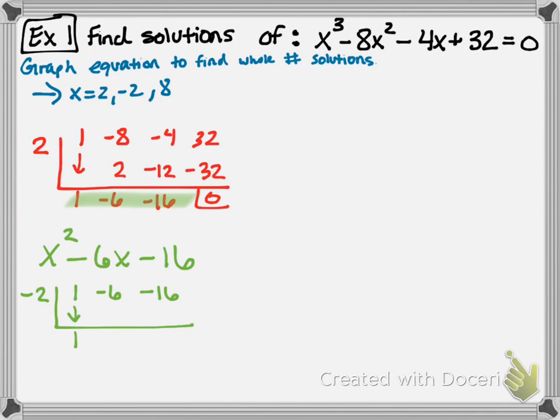Negative 2 times 1 is negative 2. Negative 6 plus negative 2 is negative 8. Negative 2 times negative 8 is positive 16, which leaves me a remainder of 0. So again, I have proved that negative 2 is a solution to the polynomial, because when I did synthetic division, I got a remainder of 0.